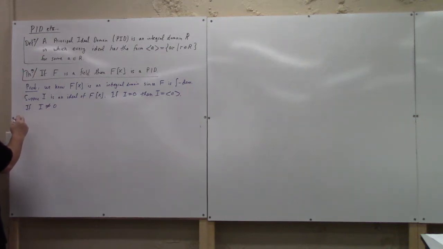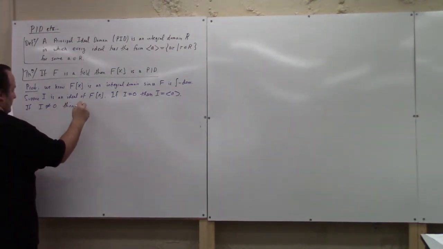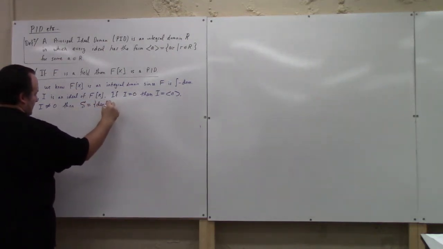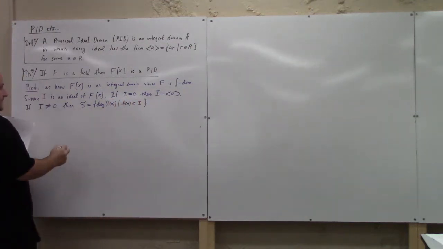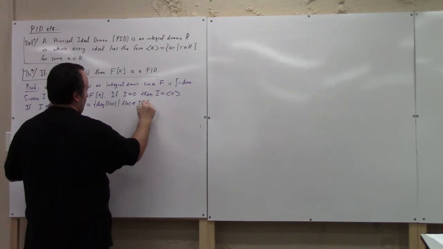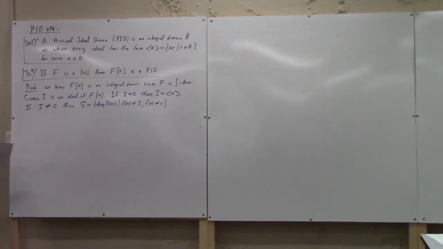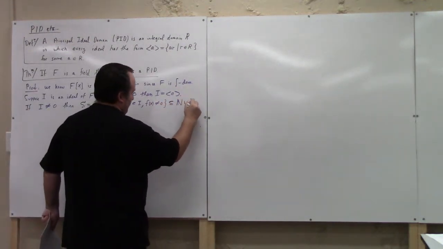then the degree of polynomials in I is bounded below. Hence, there must be a polynomial of least degree by the well-ordering principle. If we let S equal the degrees of f(x) such that f(x) is in I, then this is a subset, again I have to throw out 0, 0 doesn't have a defined degree, but this set is a subset of the natural numbers union 0.